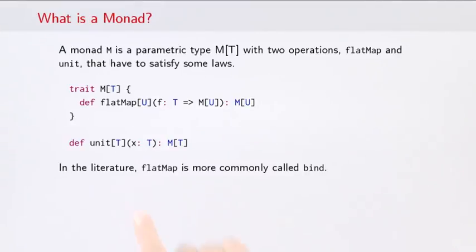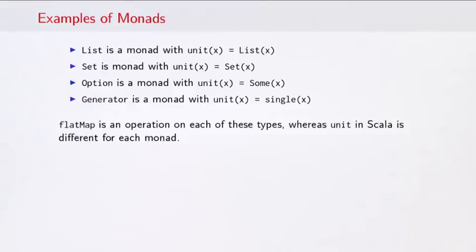That unit method takes an element of type T and gives you an instance of the monad of T. In the literature, flatMap is more commonly called bind, but in Scala we have flatMap already as the established name, so I will continue to use that.